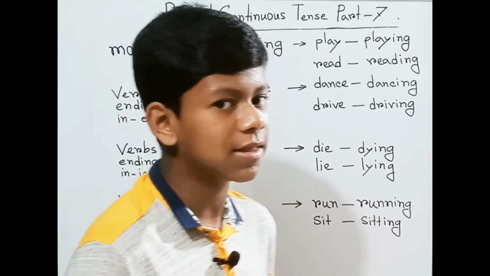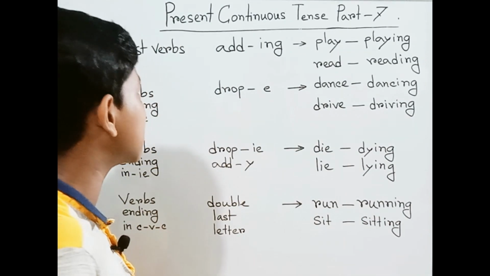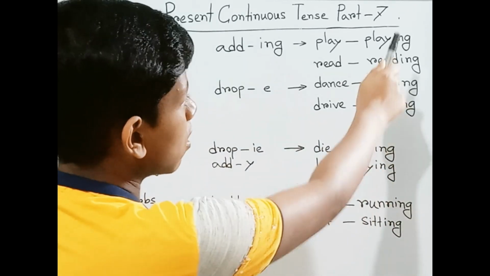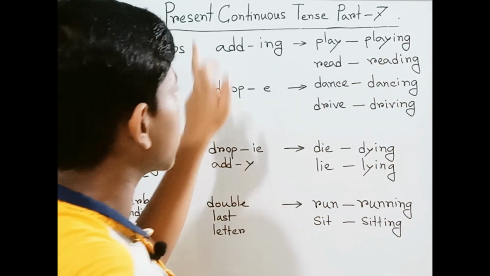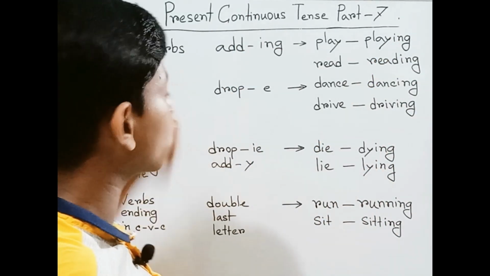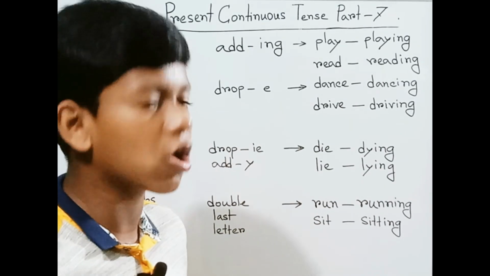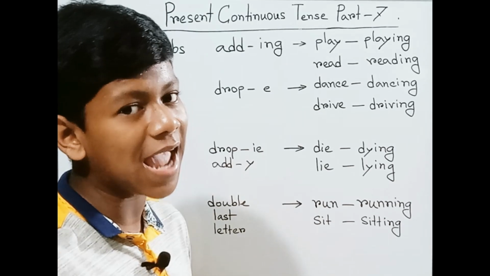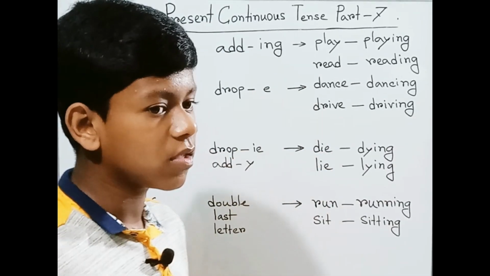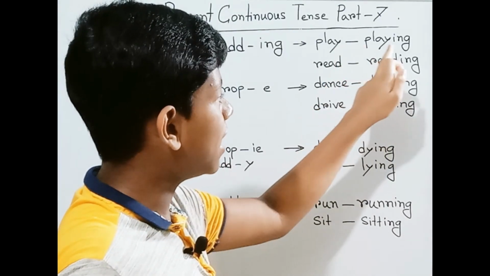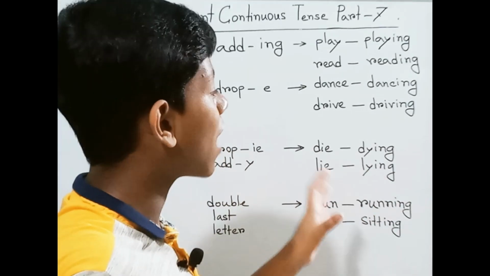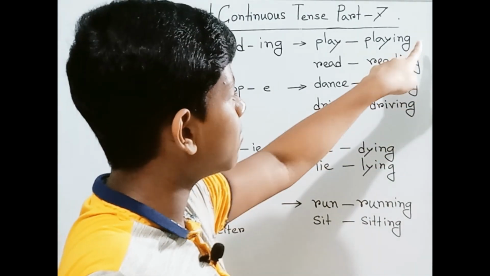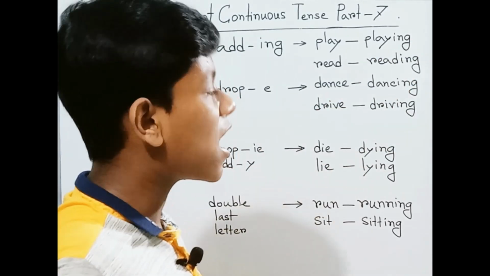Okay, so there are some rules of present continuous tense, and we can start from here: the spelling changes of verbs. For most verbs, we can simply add the ing. For example, play, playing. After the verb play, we have simply added the ing.